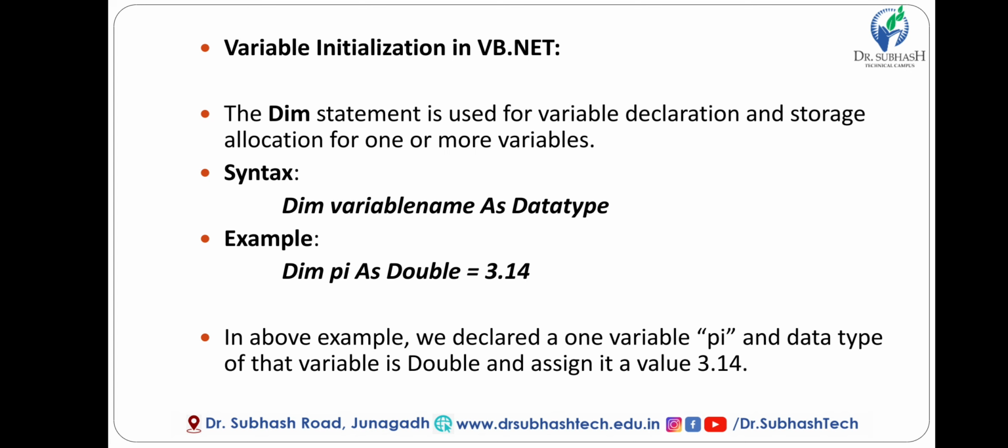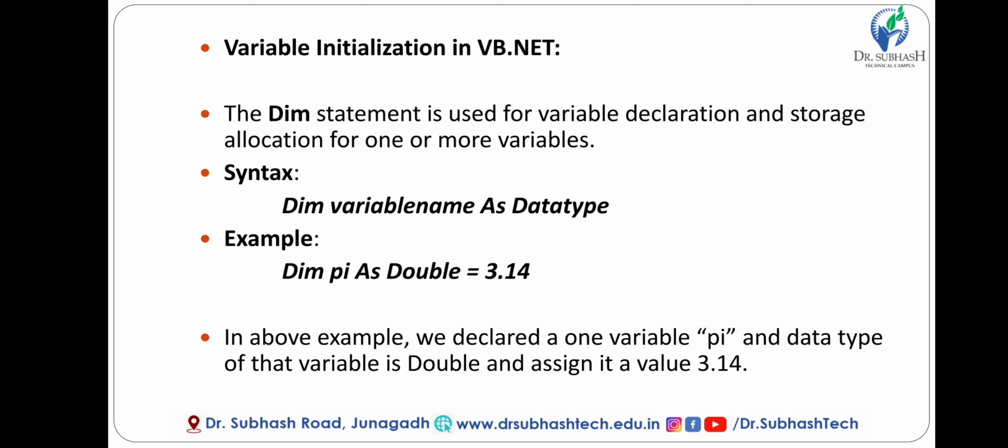Now after declaration, initialization of the variable is required. There is some difference between declaration and initialization of a variable. In previous languages like C and C++ which you have studied, variable declaration means that you have given a space to a particular variable name, meaning ABC is allocated some space.